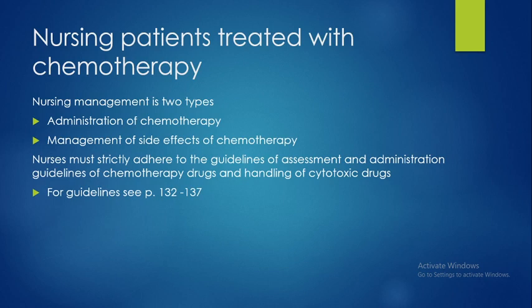For guidance, you can refer to pages 132 to 137. There are two types of nurses involved in chemotherapy: one type who administers the drugs, the other who manages the side effects of chemotherapy, right?